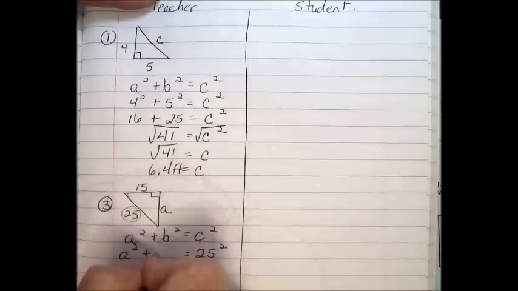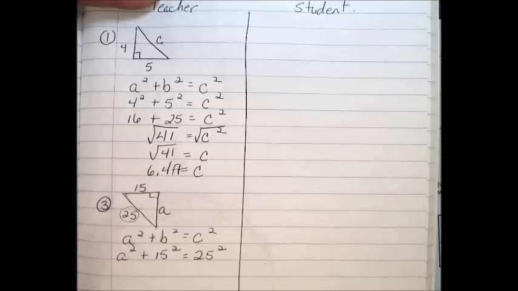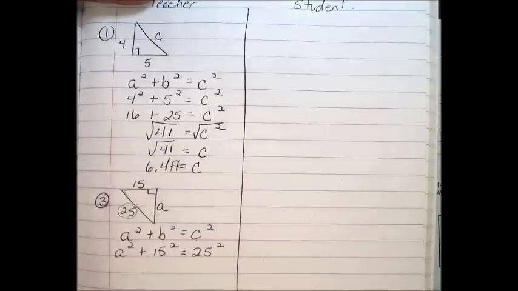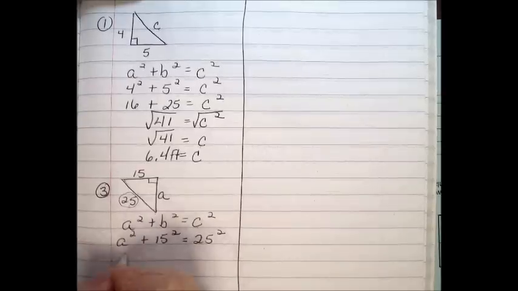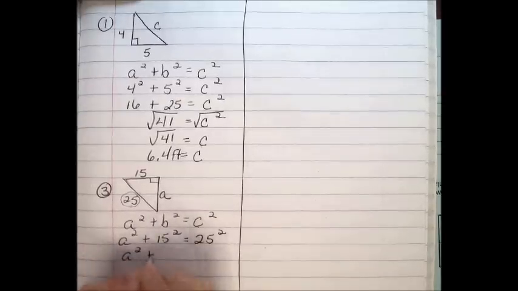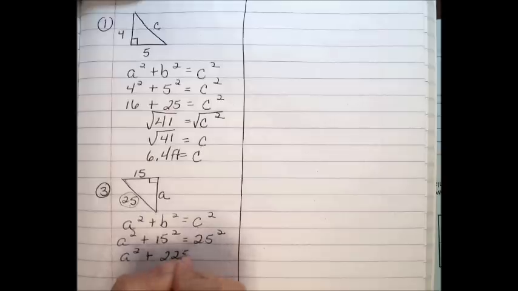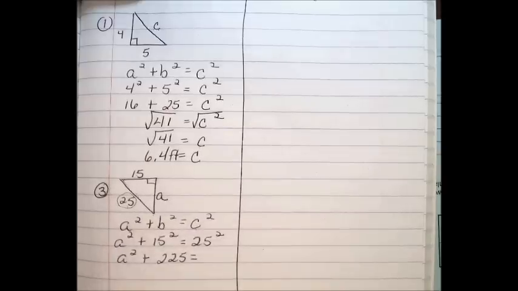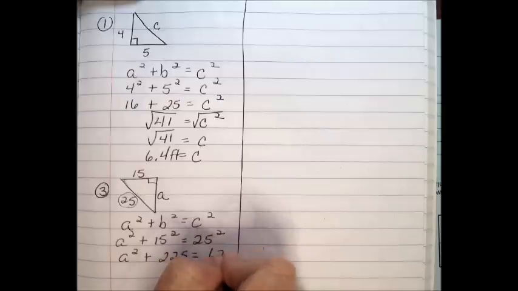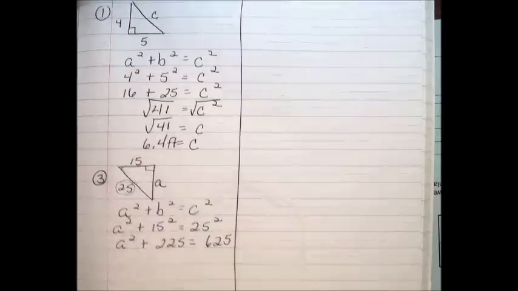Now we just start simplifying. A squared plus 15 times 15 is 225. And 25 times 25 is 625. Now I need to get this A squared by itself.